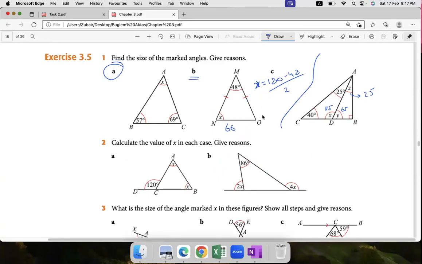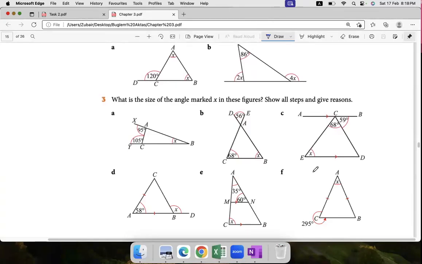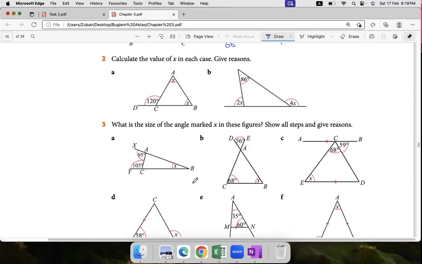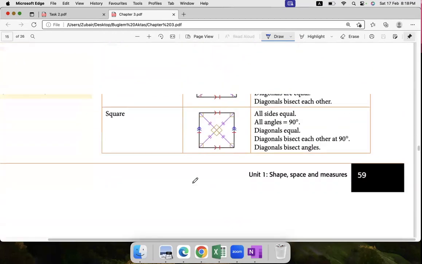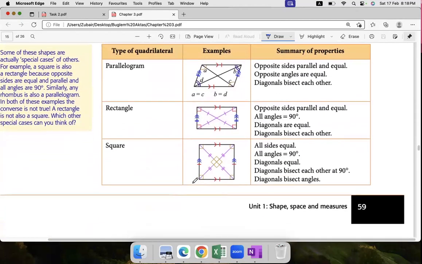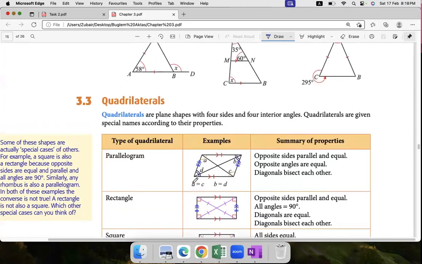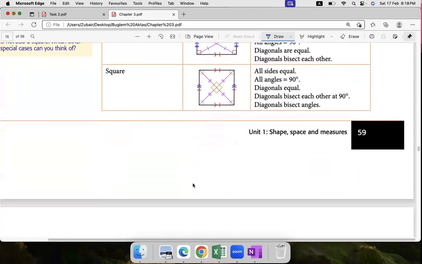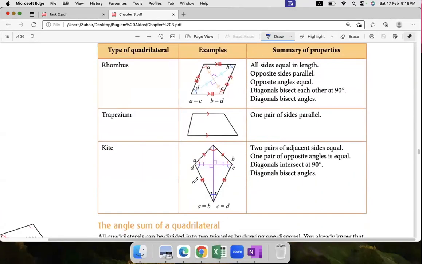I think you like this topic more than the one we did before this, indices and basic math. Okay, we have a quick look. These are a few more practice questions, and then we've covered these properties of the shapes: parallelogram, rectangle, square, rhombus, trapezium, kite. I'll share this with you.